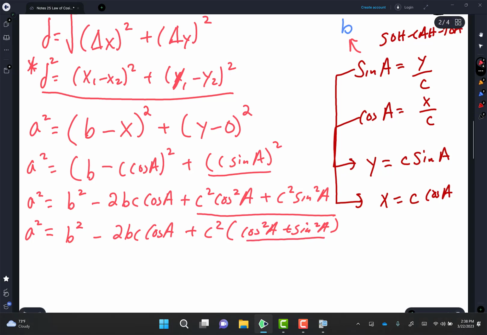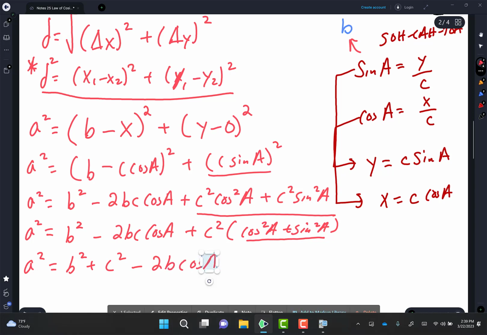Yeah, it's a Valentine's formula. Valentine's just passed. Cosine squared plus sine squared is 1. So here we go. Let's put it in alphabetical order. A squared equals B squared plus C squared, which looks a lot like the Pythagorean theorem, minus 2BC cosine A.